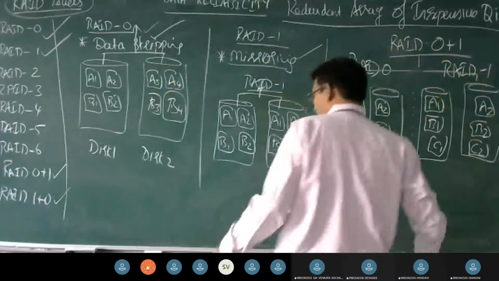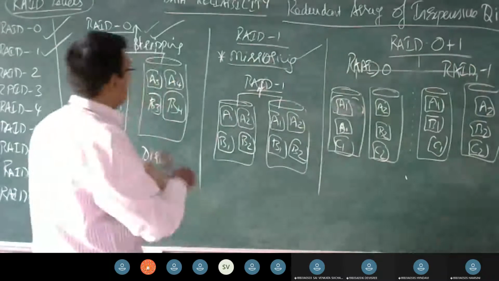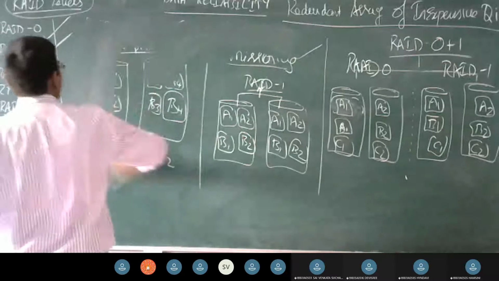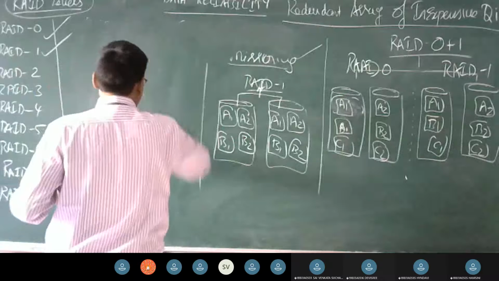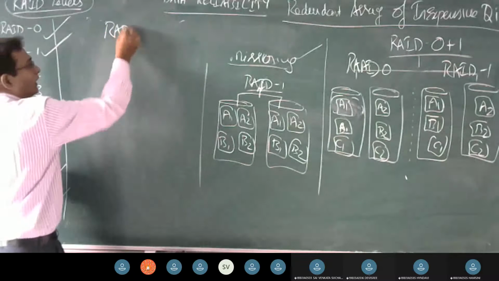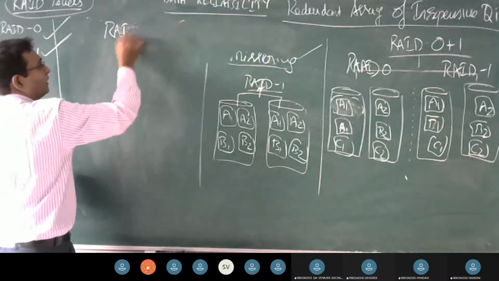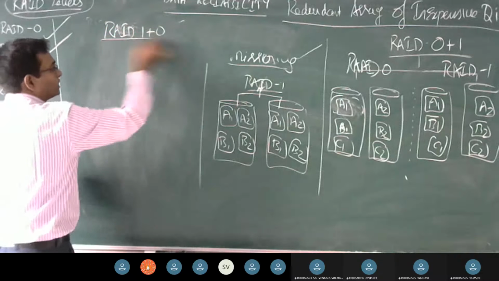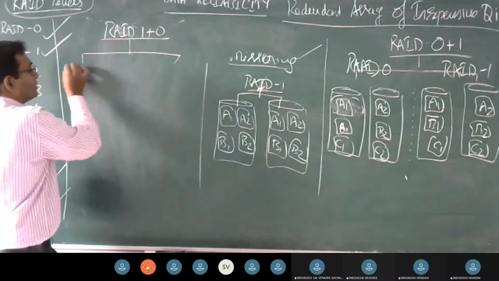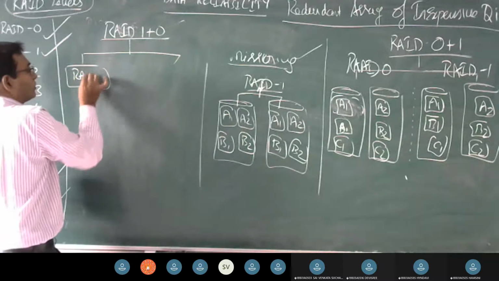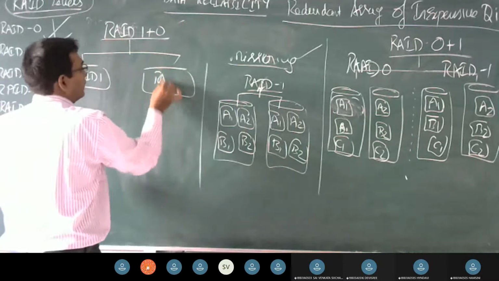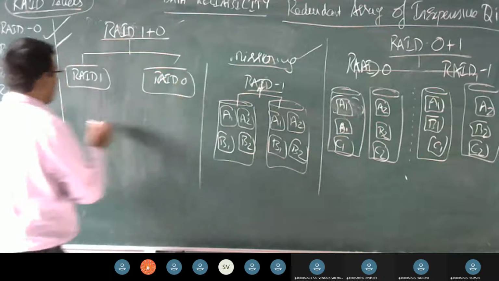Later on, we have the 1 plus 0 architecture. The next one is the 1 plus 0 architecture. Now, what will happen if it is 1 plus 0? In this RAID 1 plus 0 architecture, it is going to put some RAID 1 and some RAID 0 here.